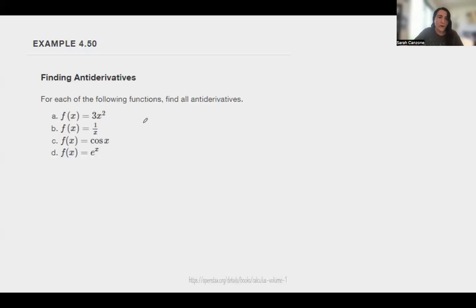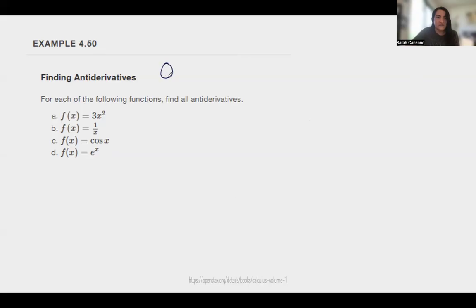To compute antiderivatives, especially of these right here, we are going to consider the derivative. We're going to ask ourselves, what would I have to take the derivative of in order to get this as the function? That's exactly what we have to do, because then if you take the antiderivative of that, you get the derivative, and we would confirm all of this. So let's take a look at A first.